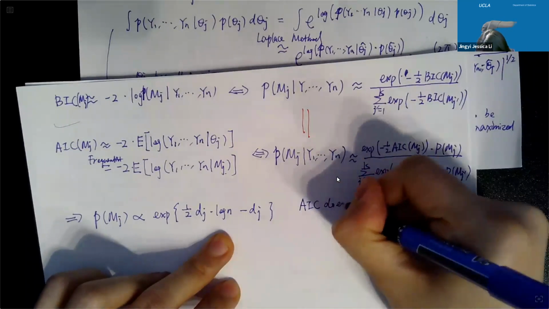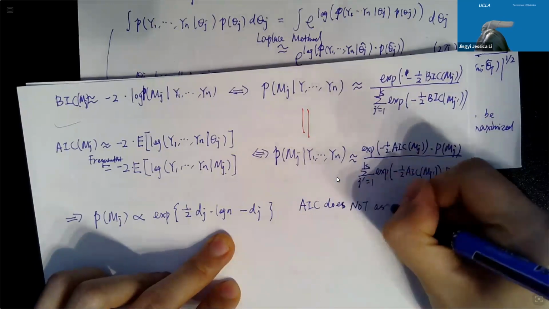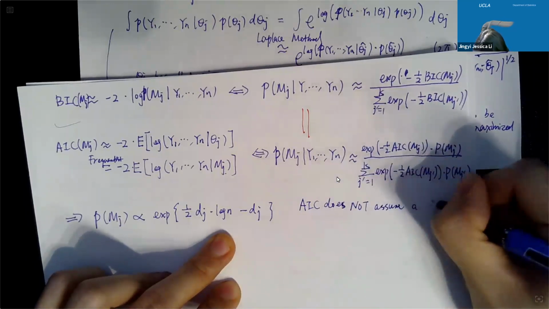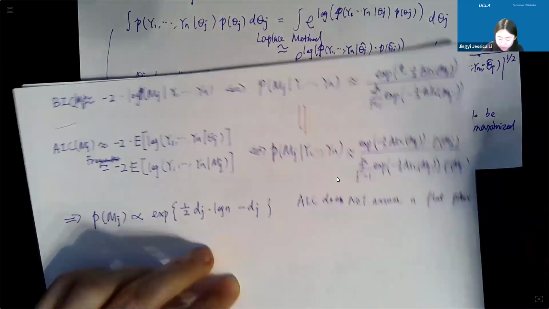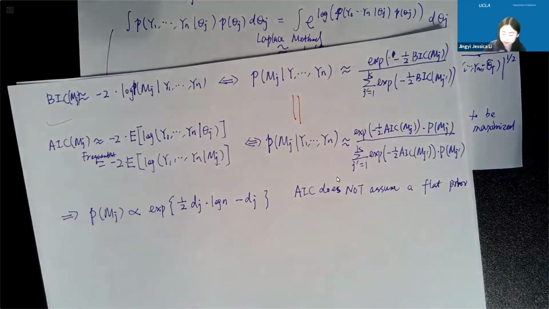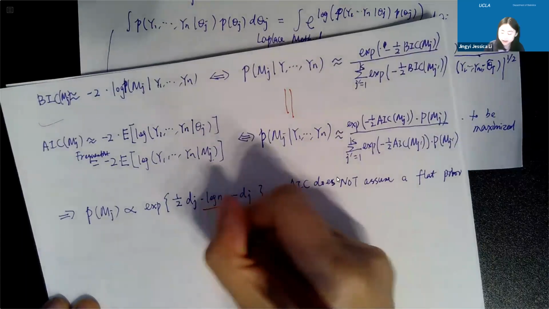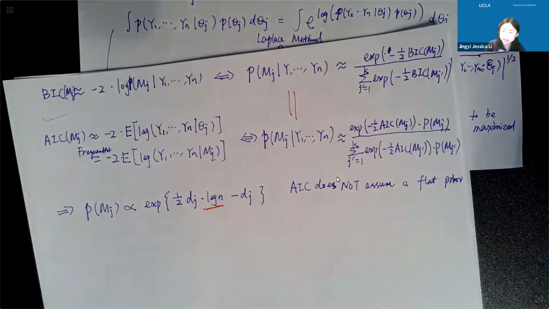What's criticized by the BIC people is that, how can the prior involve sample size n? Prior should be your prior belief without seeing data.